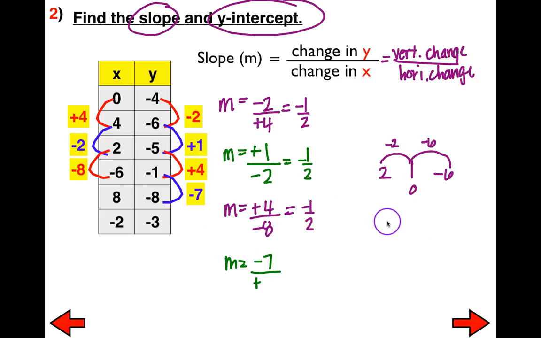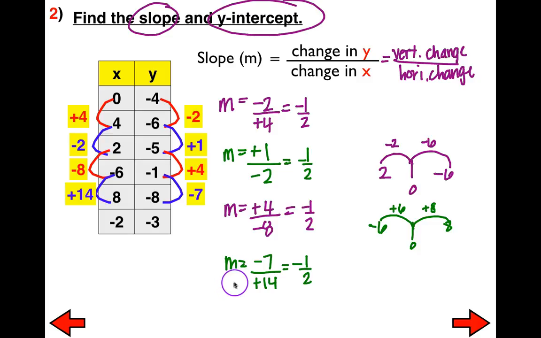Once more, let me show you. Since they're different signs, I went from a -6 all the way to an 8. We're crossing over 0. -6 to 0, we're adding 6. From 0 to 8, we're adding 8. So altogether, we are adding 14. This can be reduced by 7, so that's going to leave me with a -1/2. Again, so far so good. They're matching up. So far, we have a constant rate of change.